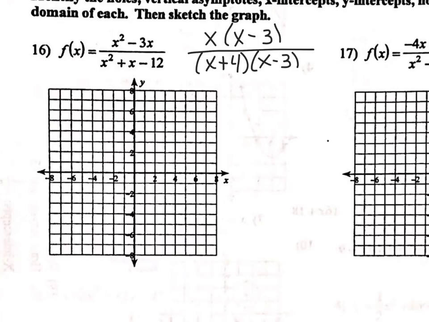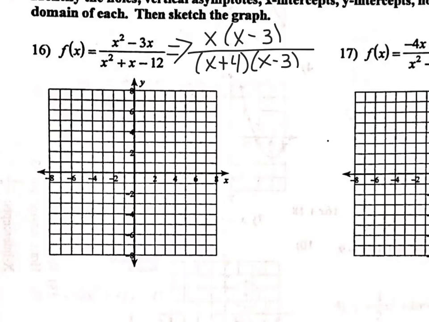All right, so anytime we're working with rational functions, the very first thing you want to do is factor the numerator and denominator. That is where we're going to find a lot of the information we need, not only for our graph, but to answer the questions that we need to answer. So the first thing I'm going to do is identify the hole.